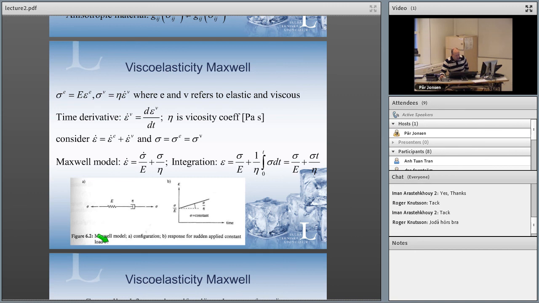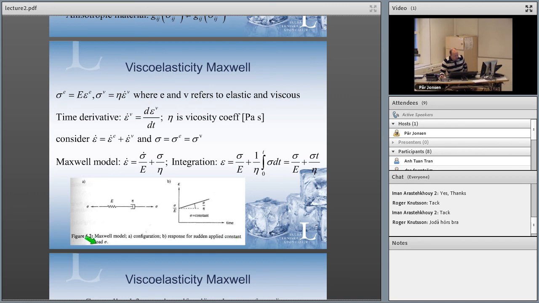So here, that's written here, E is the elastic and V is the viscous part. And you also have a time derivative. This relation, E dot, is the rate of the strain that you have in the system. And this eta is the viscosity coefficient. It's measured in Pascal times second.